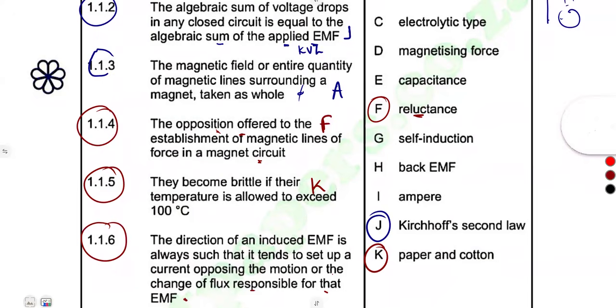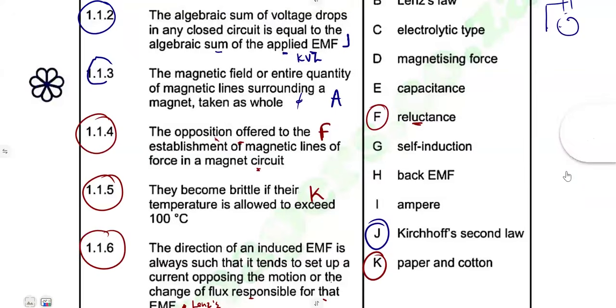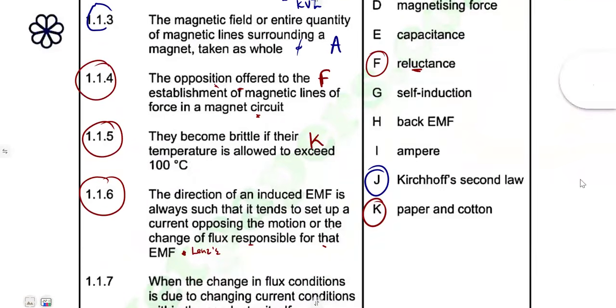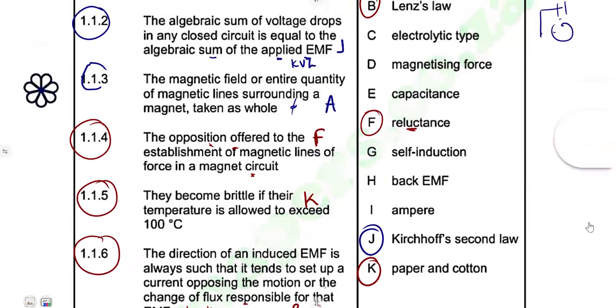This is from our magnetism and electromagnetism. This is the Lenz's law, isn't it? The Lenz's law. Do we have that? All right. The Lenz's law. Yes, we have it on what? On B. So that is the best answer for this one. B, the Lenz's law. All right. That is what we have on that.